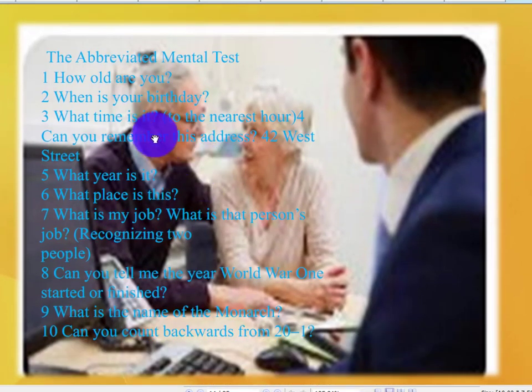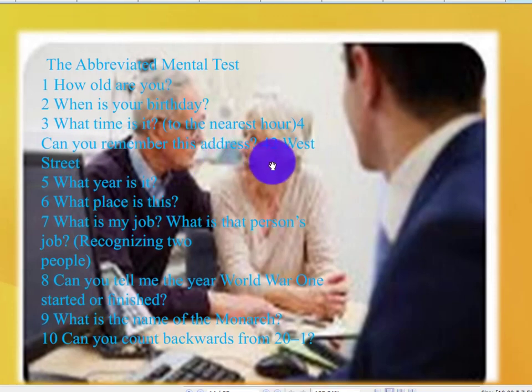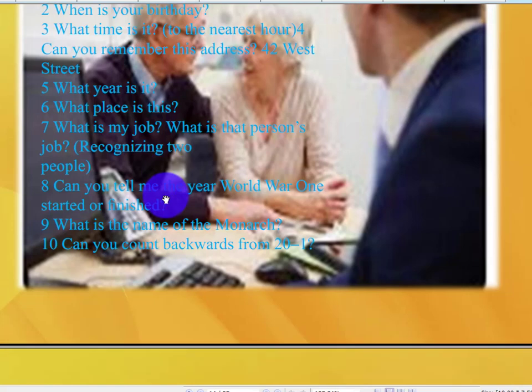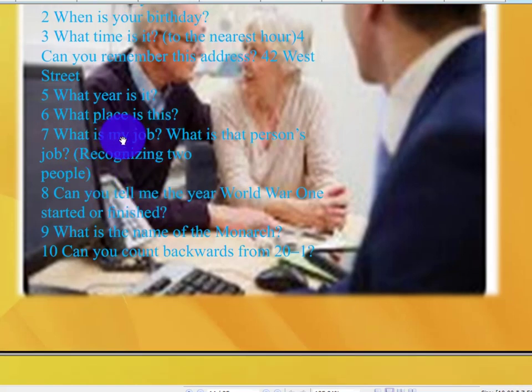Abbreviated mental test. We ask the patient 10 questions. How old are you? When is your birthday? What time is it, to the nearest hour? Can you remember this address? And give him his address. What year is it? What place is this? What is my job?